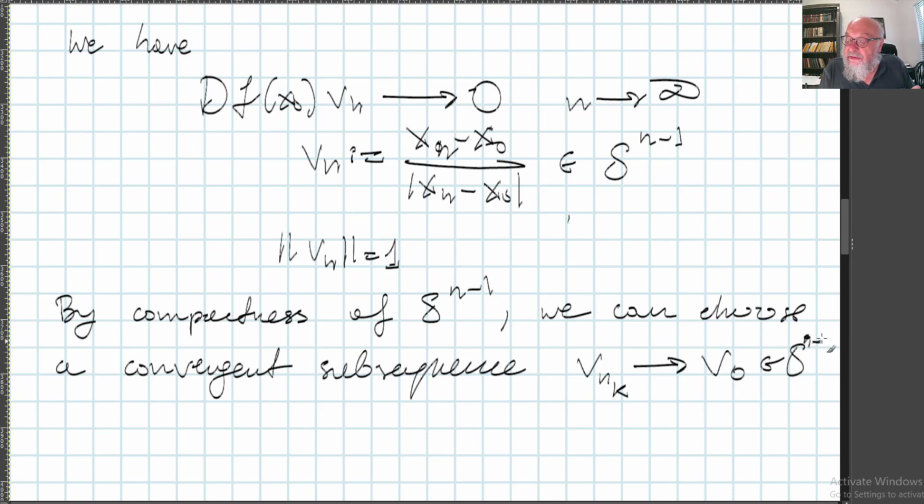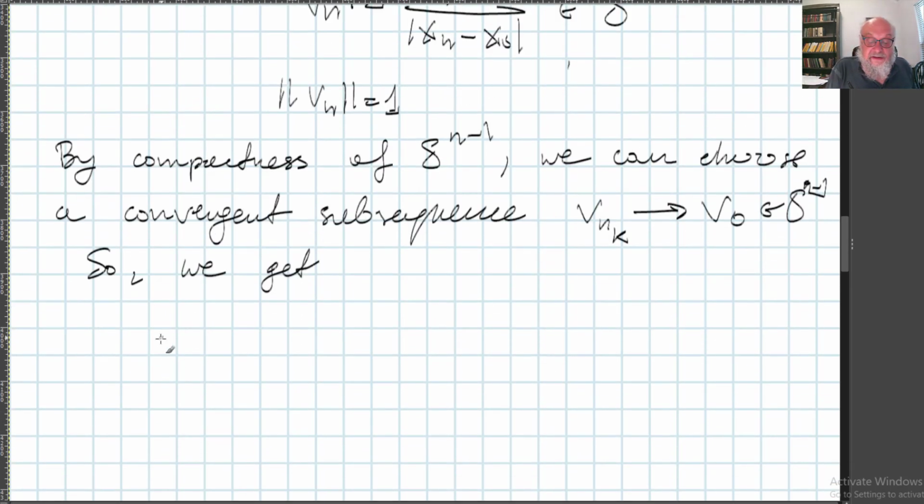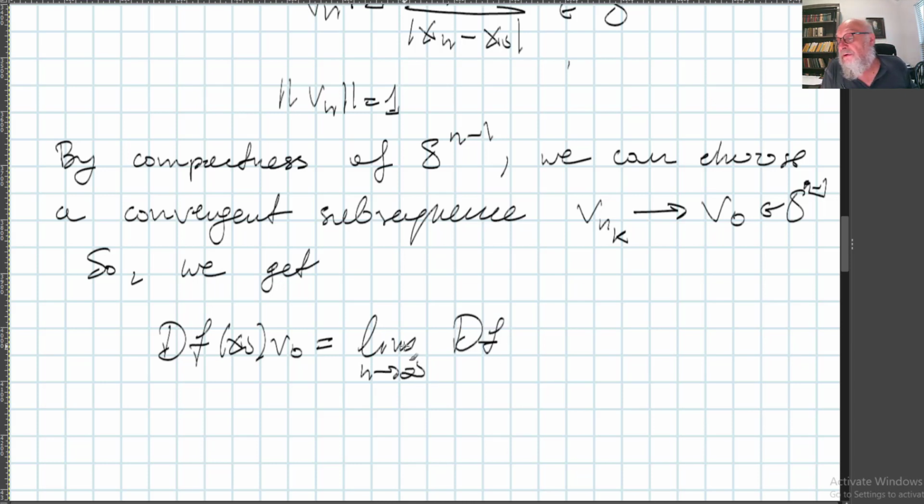So we get that df x naught on v0 is equal to the limit as n goes to infinity of df x naught on vnk, which is equal to 0.